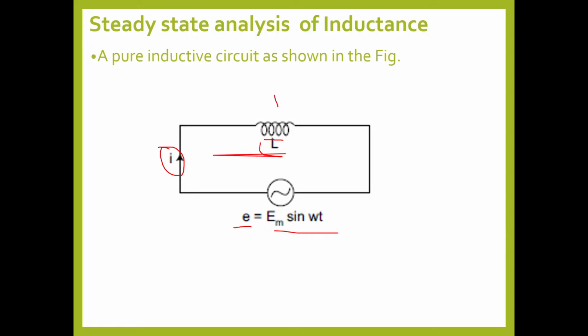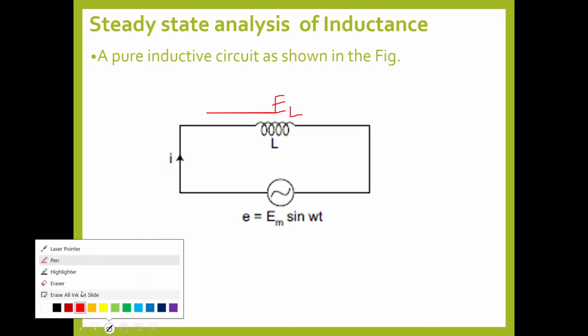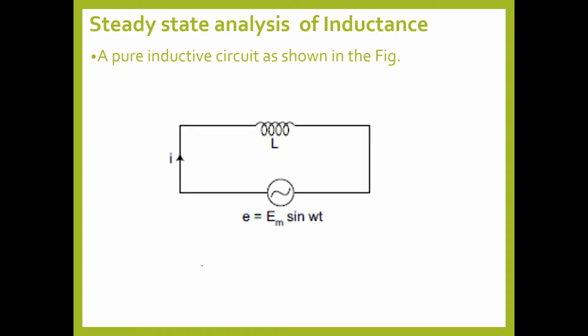The voltage across the inductor, you can assume as EL. When an alternating voltage, AC voltage, is applied to an inductive circuit, some EMF is induced across the inductive coil.